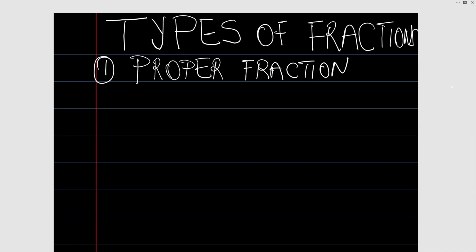So which one is a proper fraction? A proper fraction is a fraction where the numerator, which is the top part of the fraction, is less than the denominator. So we call that a proper fraction.